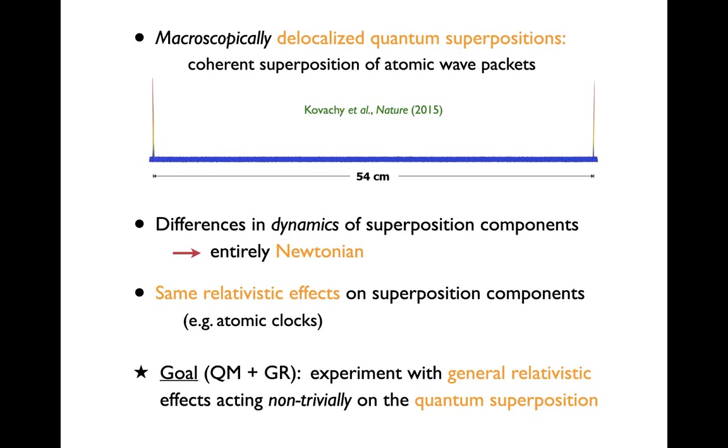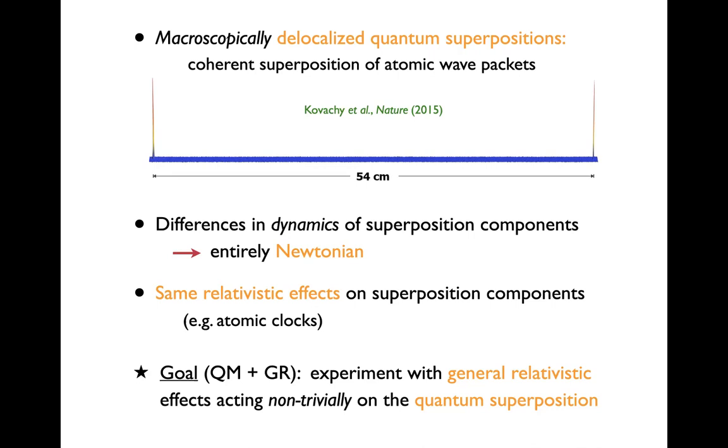But in that case, the key thing is that the relativistic effects basically act in the same way on the two components of the superposition, the two different internal states. The clock follows the same trajectory at the same position in a gravitational field. So the time dilation effects experienced there are the same for the two components of the superposition.